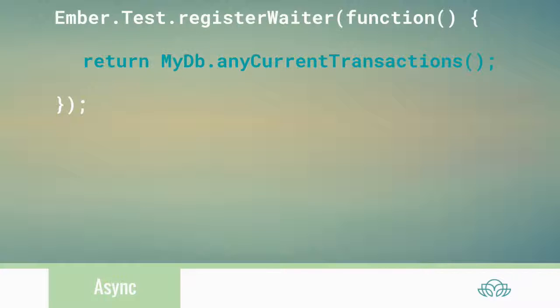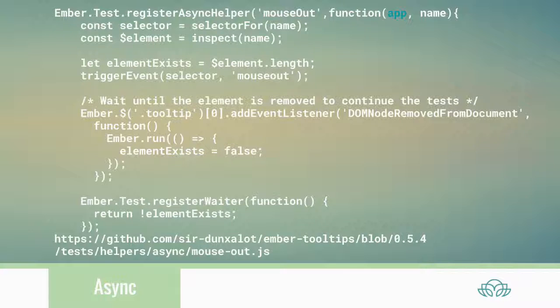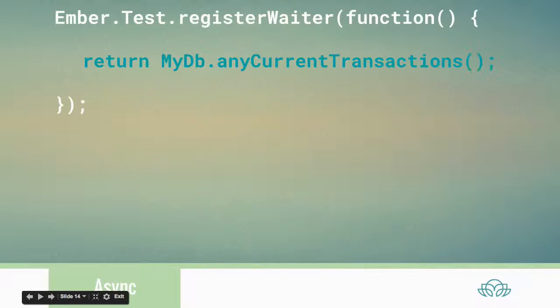And so, going into more about registering waiters, I hope this is just a wall of text, unfortunately, but it's so hard to fit this all on a slide, and pulling it apart doesn't make any sense. This is actually from Ember Tooltips, an add-on I found, and there's another way to do a waiter instead of just a global waiter, because in this case the global waiter works because you have a global you can point to.